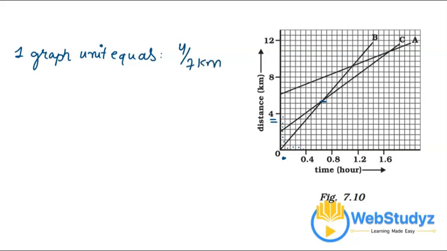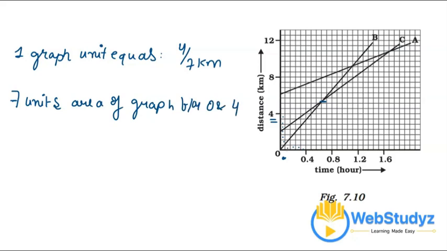It was because there are 7 units of the graph between 0 and 4. So 1 graph unit equals 4 by 7 kilometers.